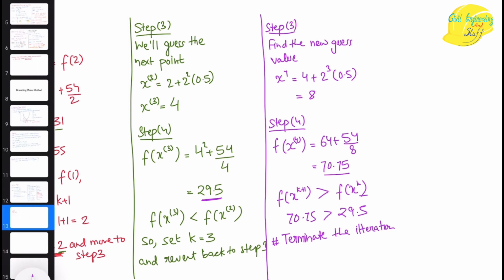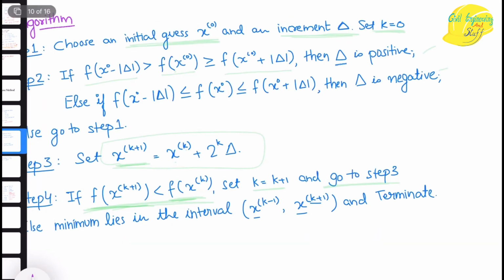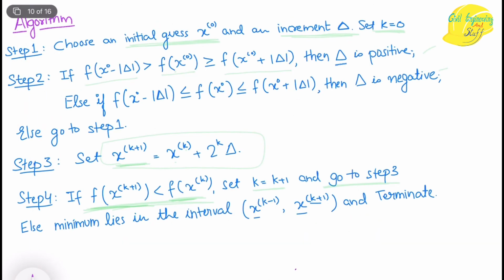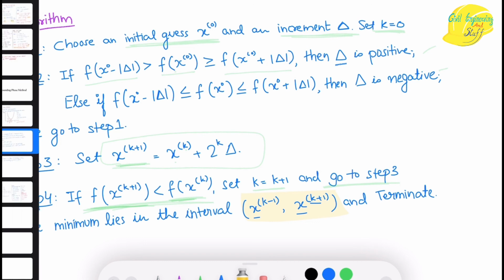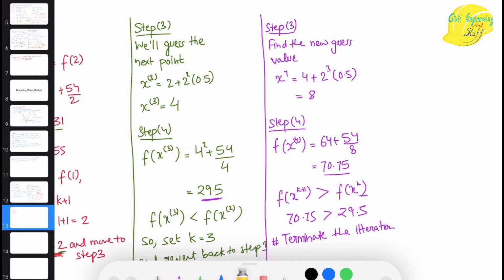So let's again refer to the algorithm. In case this is the scenario, then the range lies in x_k-1 and x_k+1. So let us specify the range.